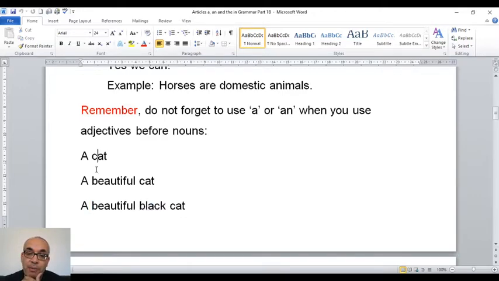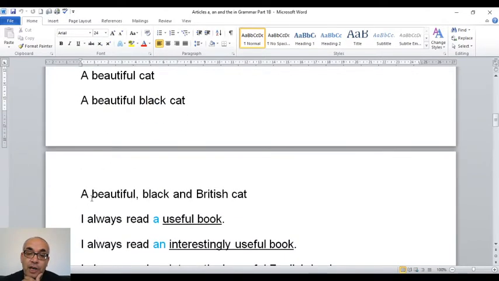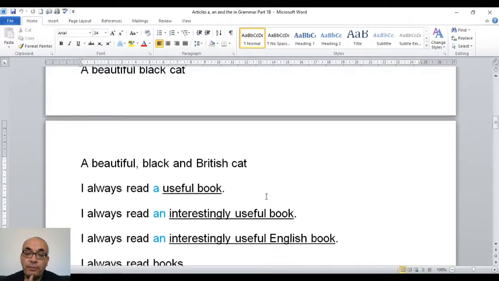If I use an adjective before cat, I have to put a. If I use two adjectives before cat, I have to put a. If I use three adjectives before cat, beautiful, black, British, I have to use a. So again, a is for cat, and cat is the noun.